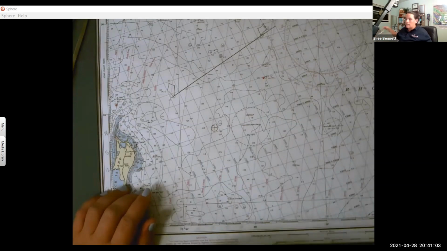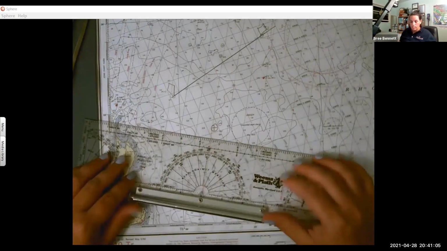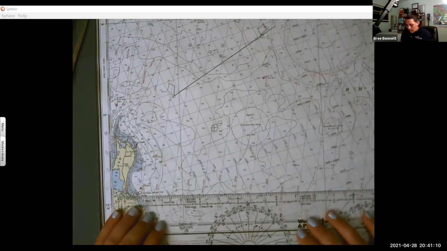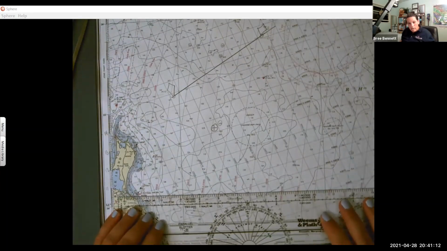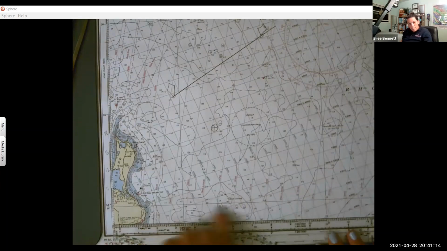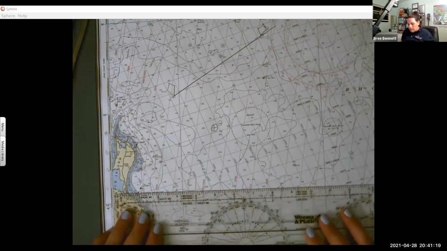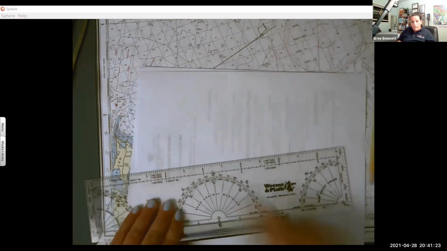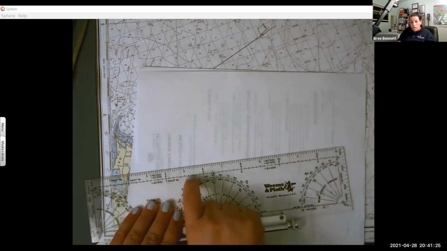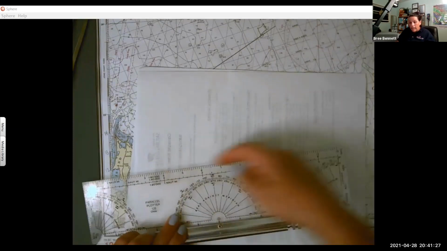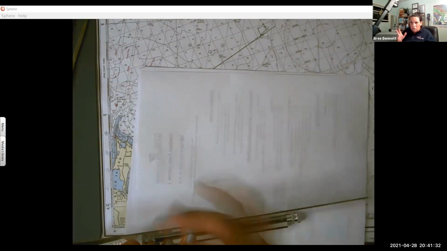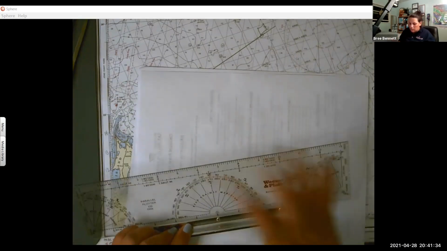So if you're using a parallel tool, you want to line that up on a parallel line. So I have this bold line right here. You can use the edge, but sometimes depending on how thick it is, it can give you a little bit of refraction or whatever.